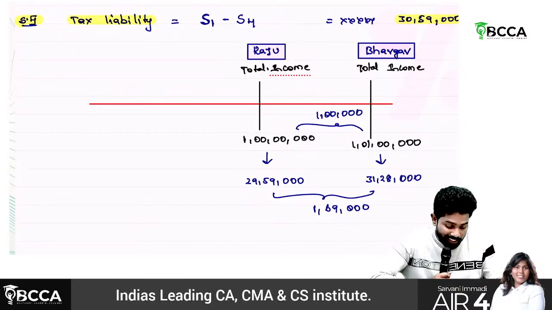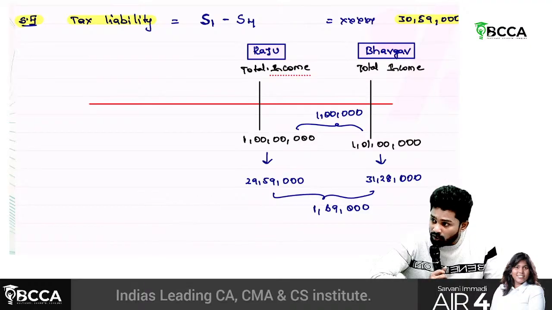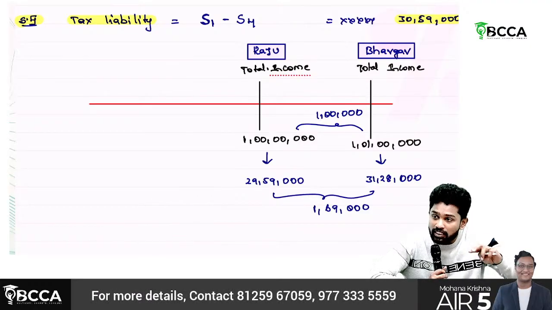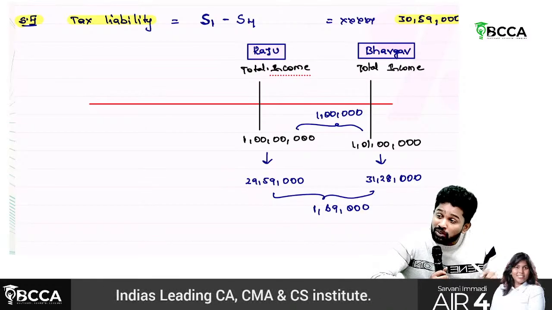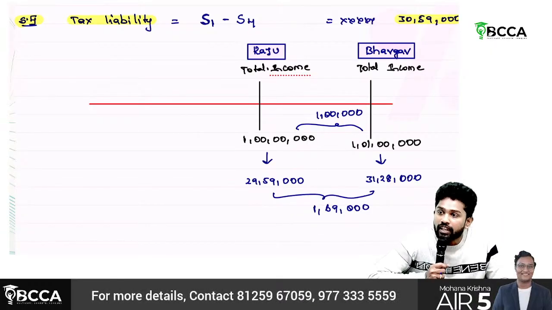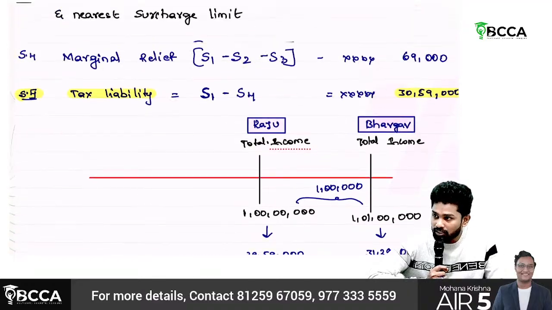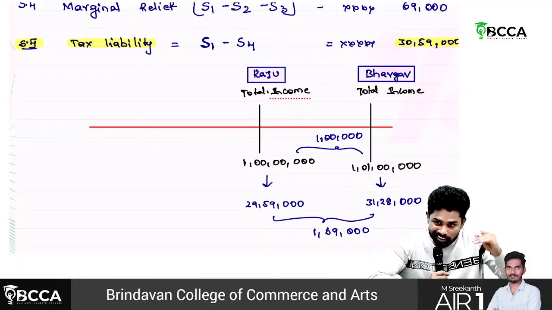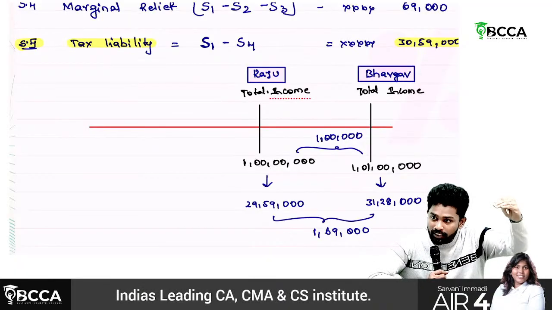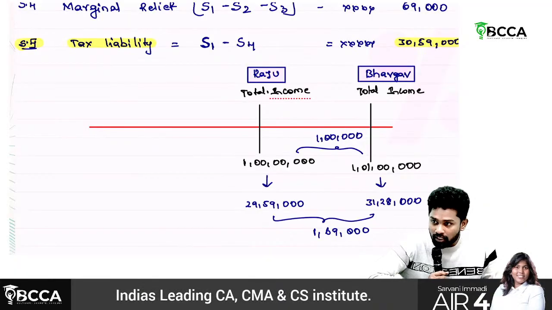That's why they restrict the liability to the extent of incremental income, which is 1 lakh. So 69,000 they are giving as relief. That itself is the marginal relief. They restrict our extra liability to the extent of extra income.